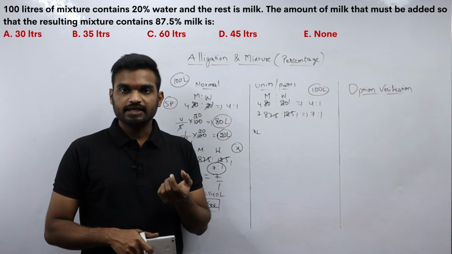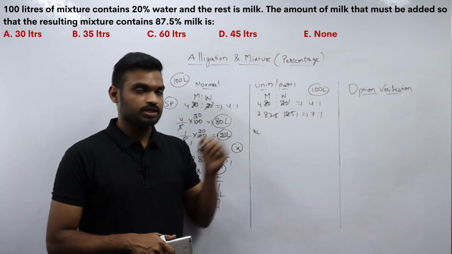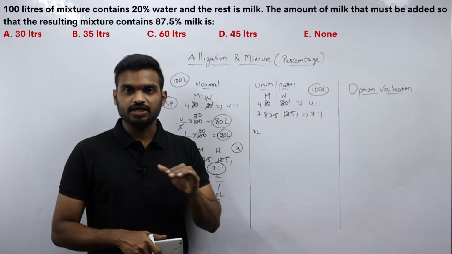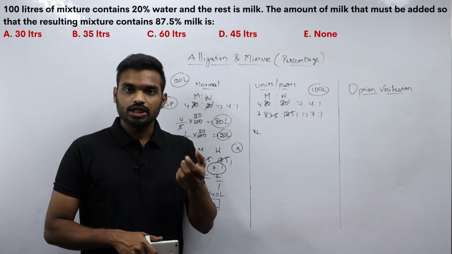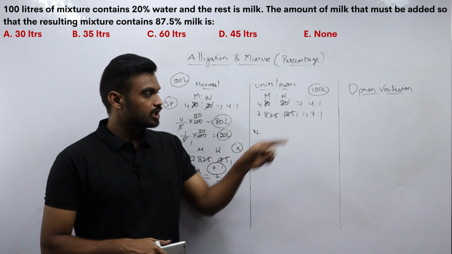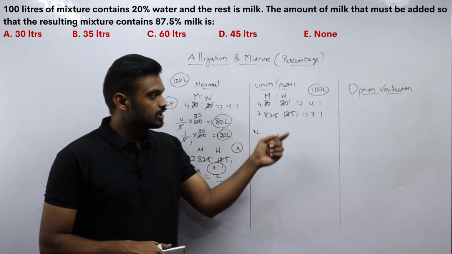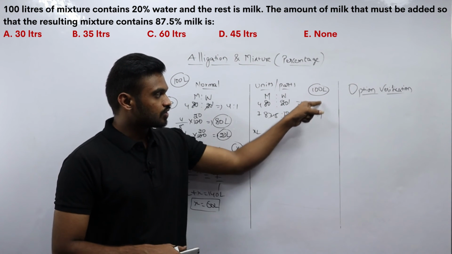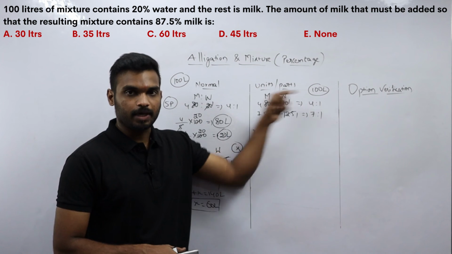Okay. We are adding some liters of milk to the mixture. We are not adding any liters of water to the mixture. So the quantity of water before adding and after adding needs to be the same in both cases. See here, in the first case and second case the quantity of water is the same, that is only one part.